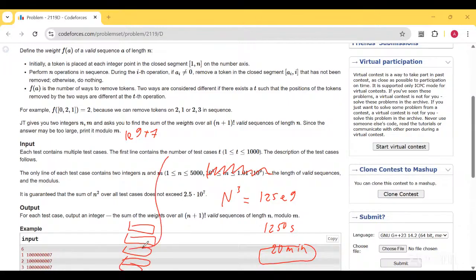After that, just hard code everything, right? So we will hard code every answer from n equal to 1 until 5000. And then just input n and then output answer n and just submit it. Okay.